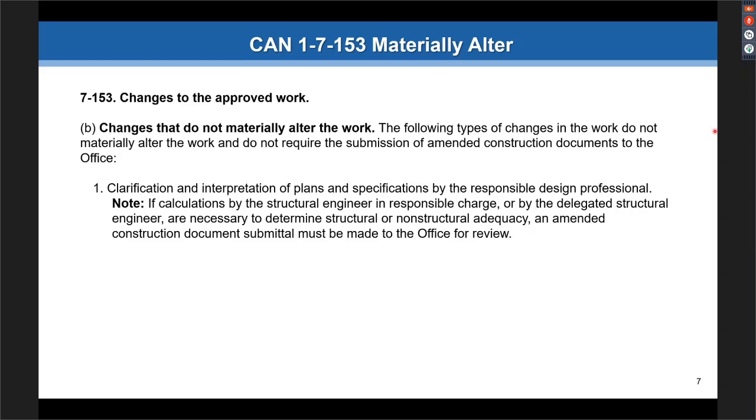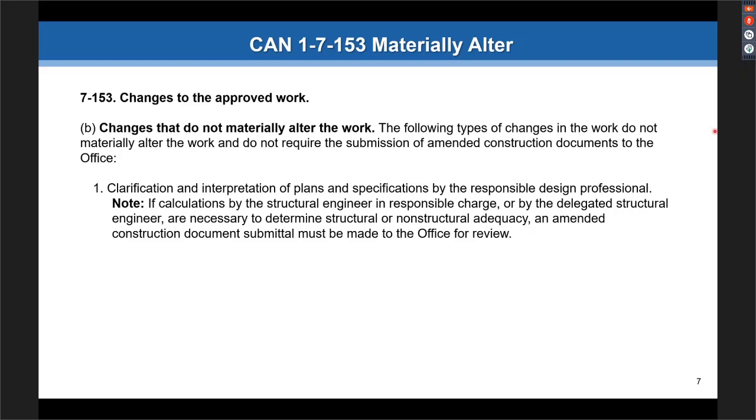But the first one is clarifications or interpretation by the responsible design professional. Now this one most likely is going to be a non-material alteration, but how I look at it, there's 3 categories. There's non-material alteration, there's material alteration, which is an ACD, and there's things that we don't really need to see at all. So some clarifications, like what color is the wall, we don't need to see that at all.